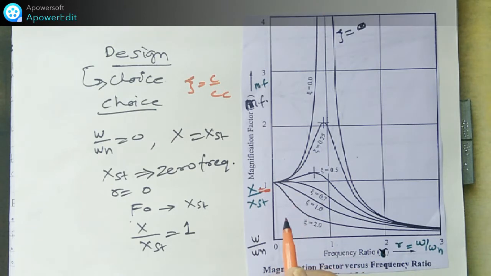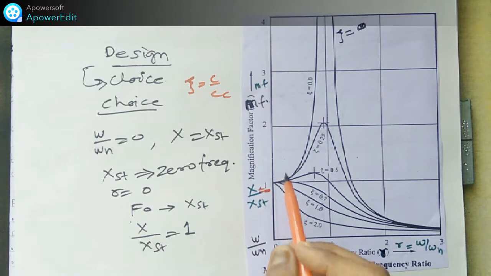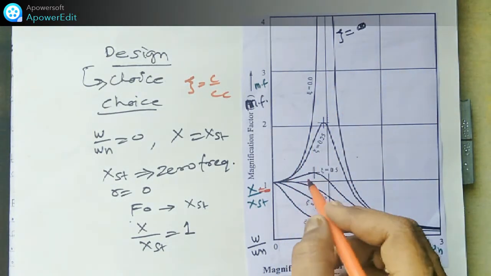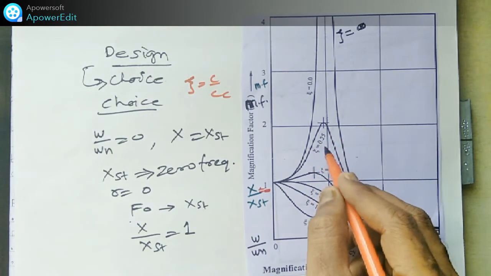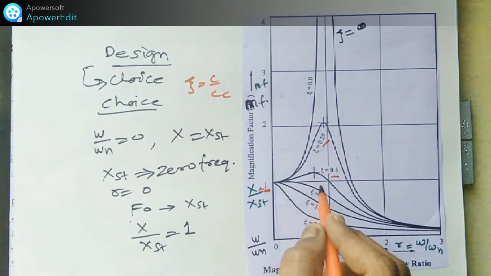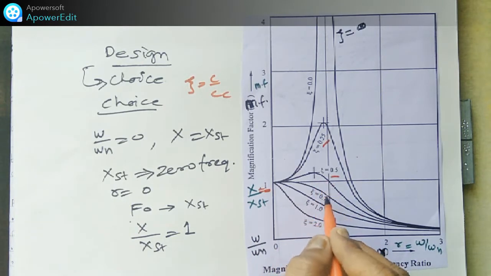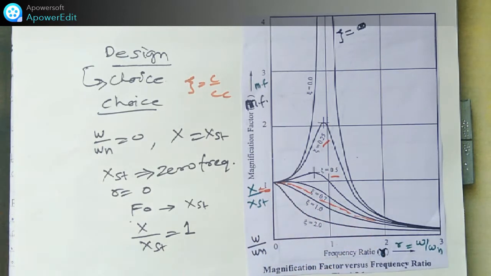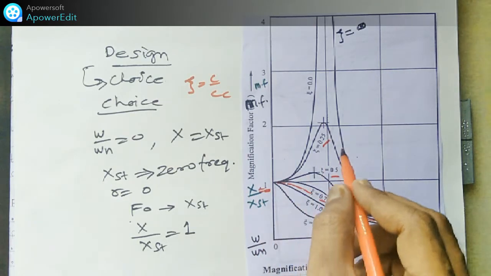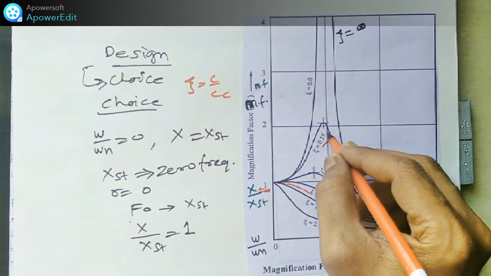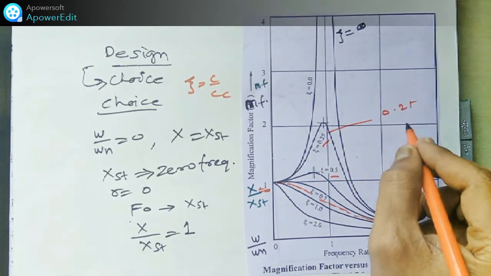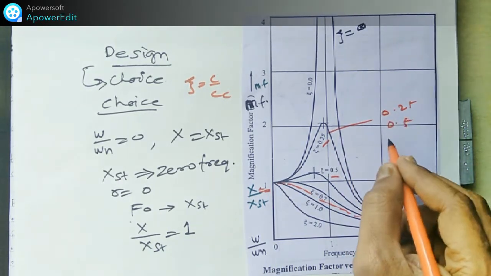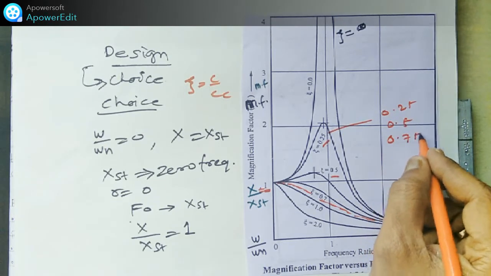We can see there are some peaks here, for 0.25, 0.5 and 0.7, and here is the center line. These peaks are there for 0.25, 0.5 or 0.75, like this.